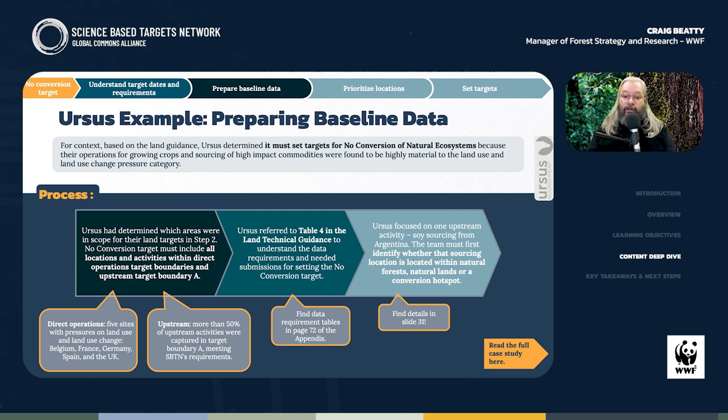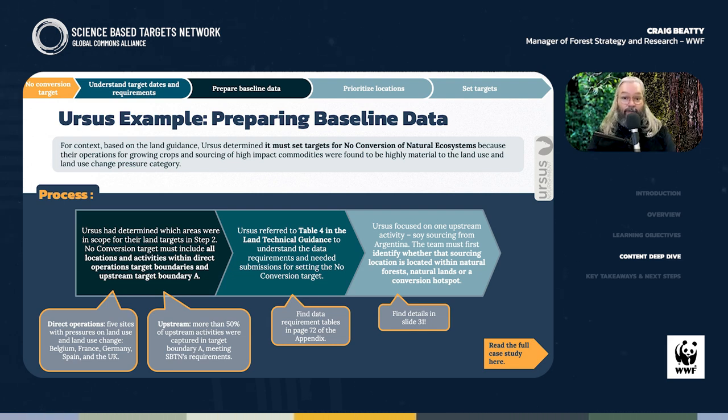For sourced volumes of conversion-driving commodities, see Table 6 and Table 8 in Step 1's case study. The Ursus team was not able to confirm the sourcing locations for timber and sugarcane purchases during the time frame of the assessment, so it marked those volumes and estimated locations within its target boundary B. This means that the commodities in target boundary B comprise 30.3% of Ursus's total purchased volumes.